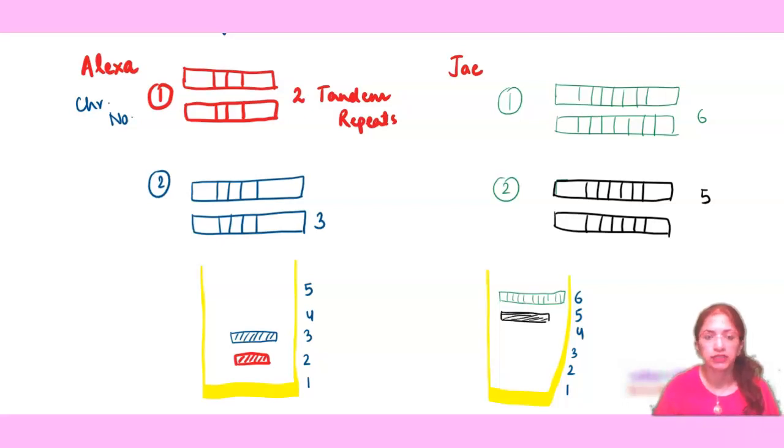So you can see that here we have done for Alexa and here we have done for Jack. Is DNA fingerprinting difference present? Yes, it is. DNA fingerprinting pattern of Alexa was different and Jack is 100% different. That is why it is useful in the forensic science.